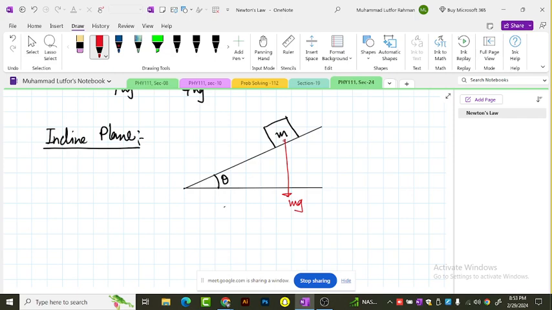What are they? The weight, the component of the weight, and the reaction force. Yeah. Normal reaction force. This should be 2 forces actually. This is the normal reaction force. When you consider the component of the force, the resultant force would be omitted from there.